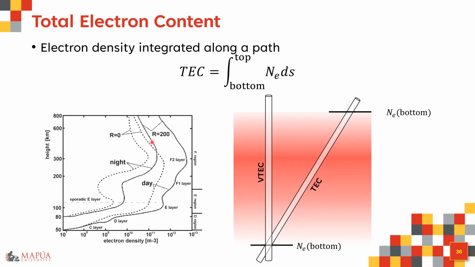Okay, so from this graph, aside from the fact that we can identify the different layers of the ionosphere, D, E, F1, and F2, or E and F during nighttime, you can see that there are several variations. This figure shows that the ionization in the ionosphere varies with the time of the day.